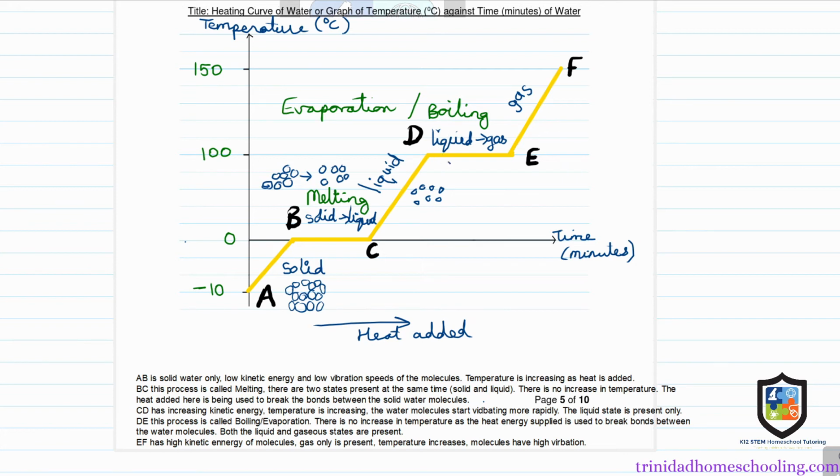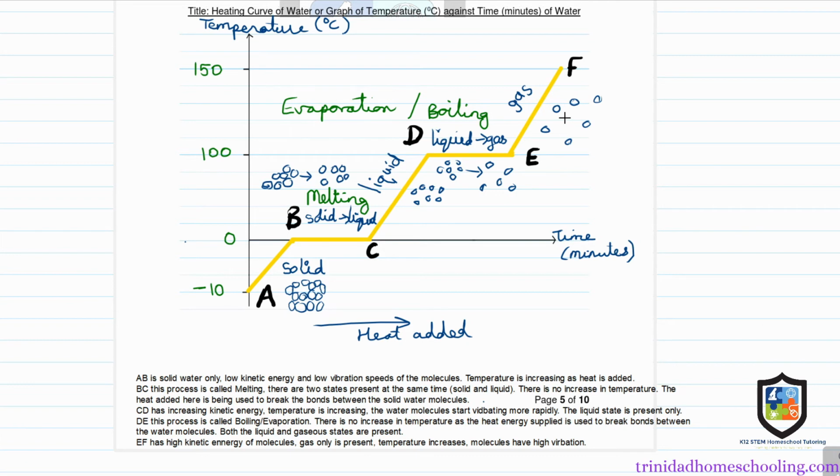In boiling we have the liquid becoming gas, and in gas we have the particles far away from each other. And in E to F we have gas molecules only, very far apart.